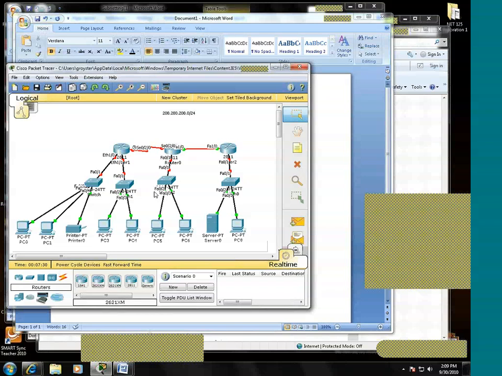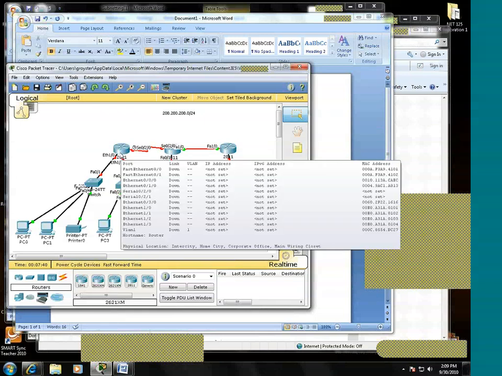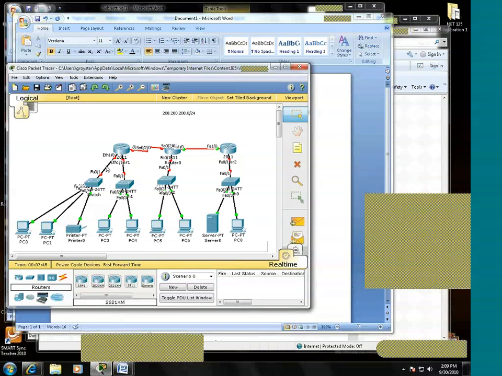Each cable is going to be a network. So in regards to this particular router, which is router 1, it has 3 networks. This is one network, network number 2, network 3. Okay. All right.